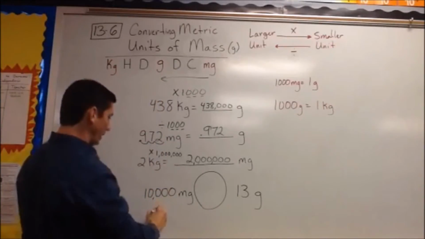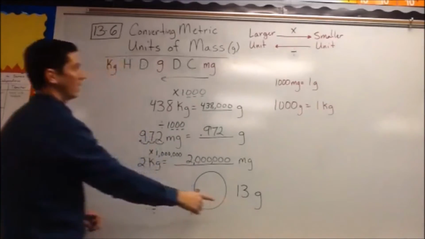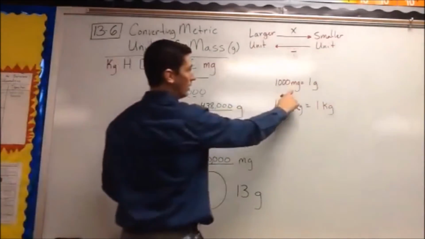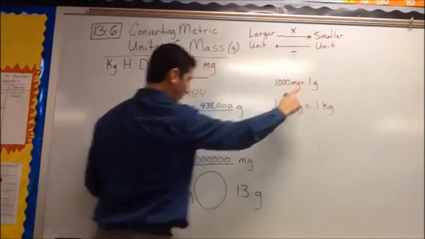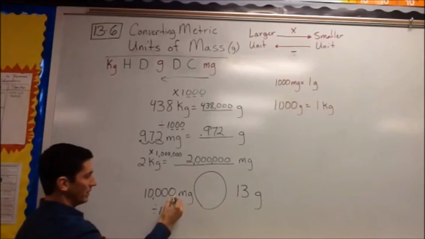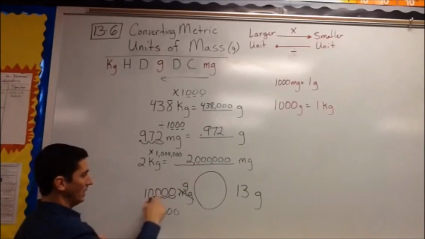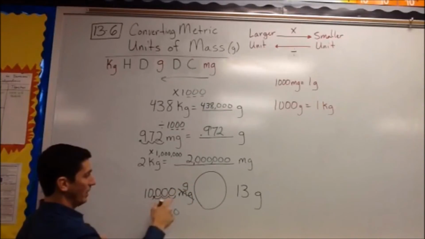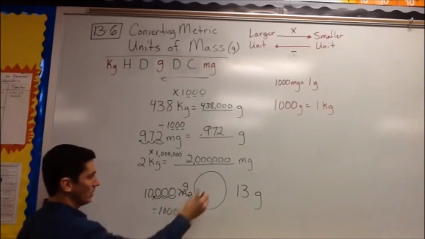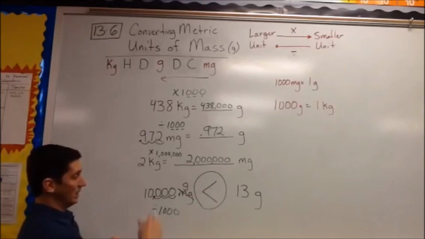There are 1,000 milligrams in 1 gram, so I divide by 1,000. Remember, it's all about moving the decimal place to the left when you divide. 1, 2, 3. So now I'll change this to grams. I'm comparing 10 grams to 13 grams. Which is larger? 13 grams is actually bigger than 10 grams.